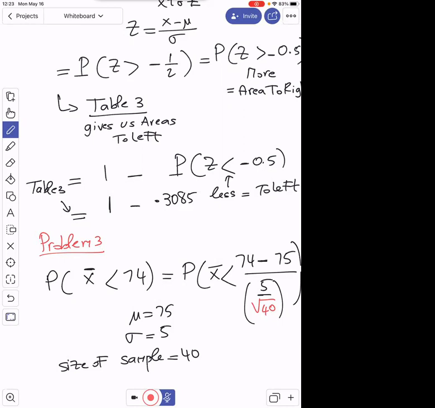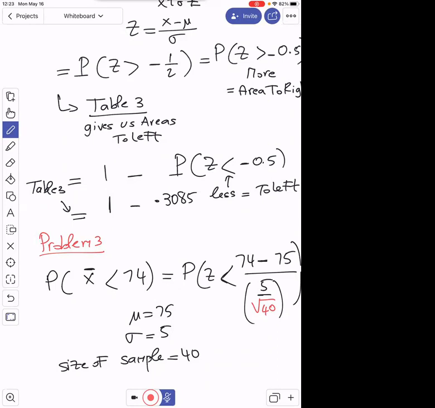In problem number 3, we have this sample of 40 cars, and the question is specifically about the X bar. And then of course, this is supposed to be z. When you convert, this is supposed to be z. So this is how you convert X bar to z. And then again, use this table 3.